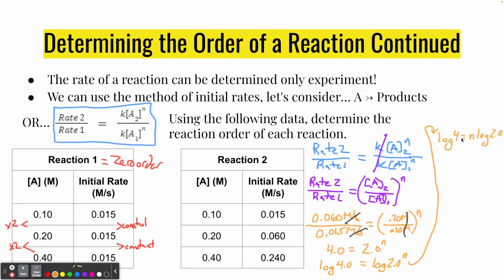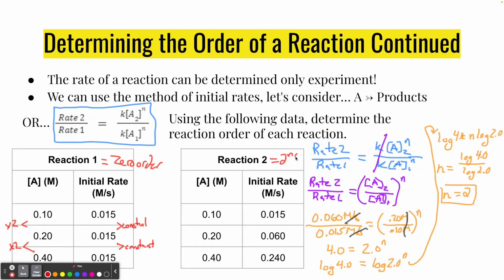And now n is equal to the log of 4 divided by the log of 2. That will make n equal to 2. So this reaction, reaction 2, is second order.